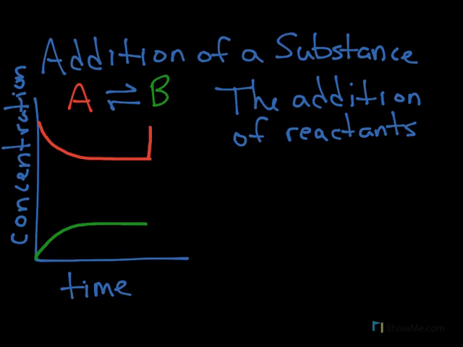You've put a stress on this equilibrium system, so this system's going to move to offset that. Right now, there's more A than there should have been according to where this equilibrium fell. So for that reason, the addition of reactants causes the system to favor the forward reaction.